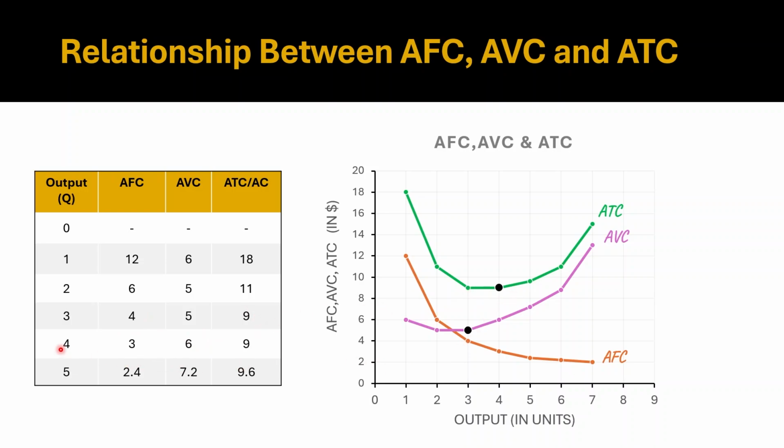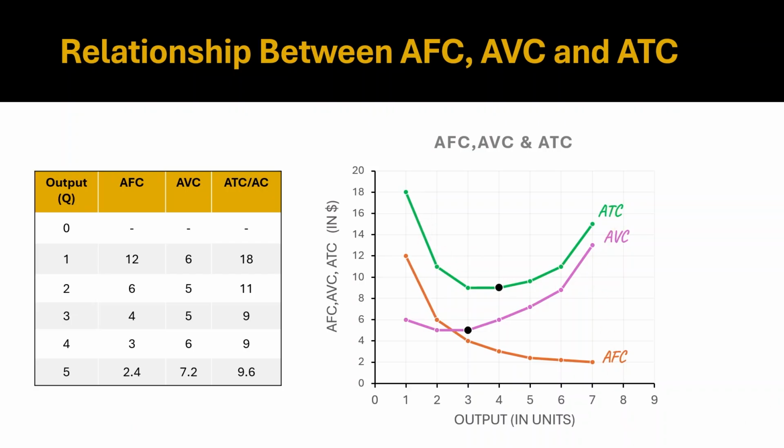And then when we move from 4 units to 5 units, the AFC continues to fall, but the rise in AVC is more than the fall in AFC. So on this side of the AC curve, the role of AVC is more prominent than your AFC. This is why your ATC curve is U-shaped.